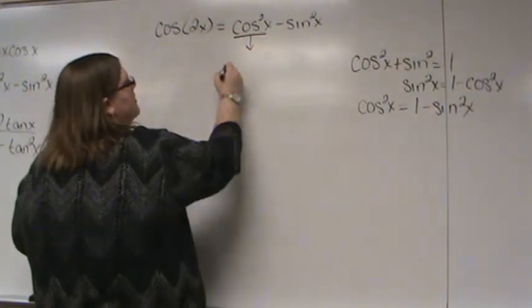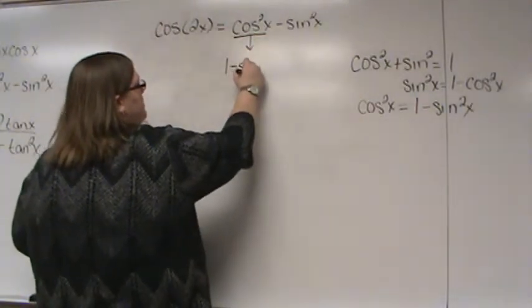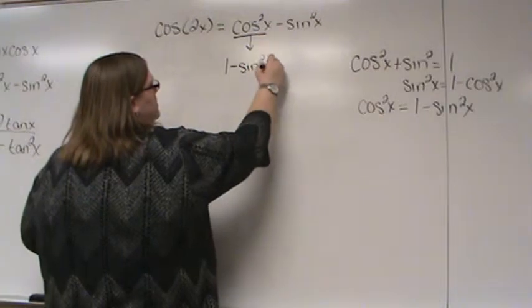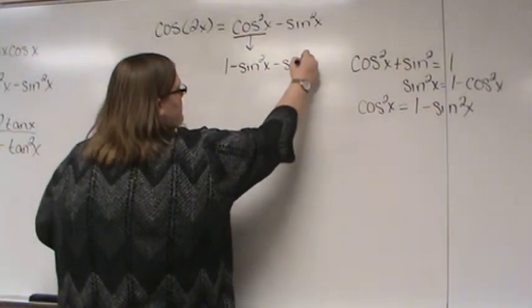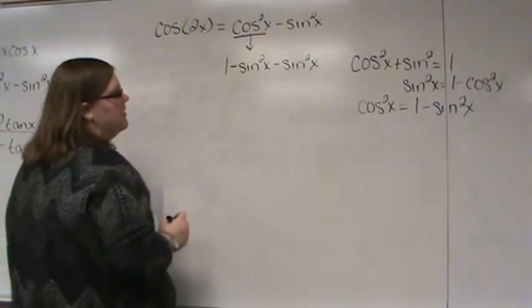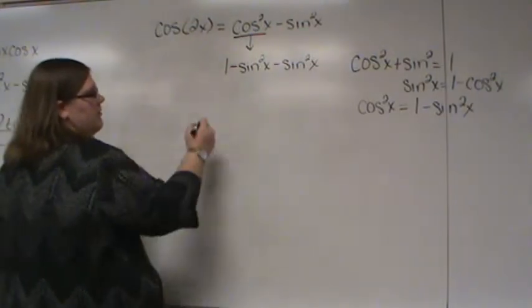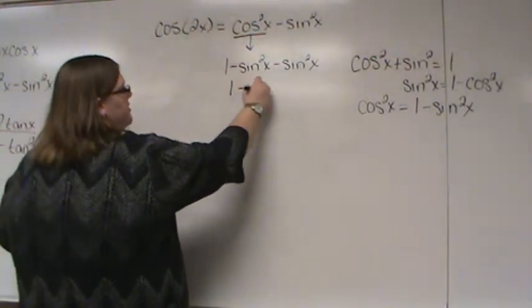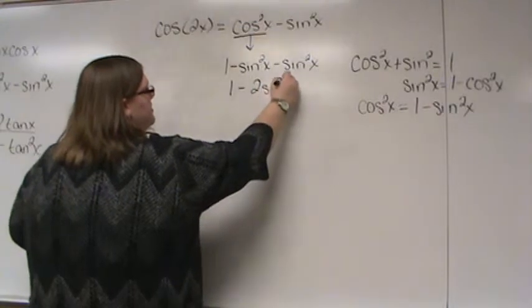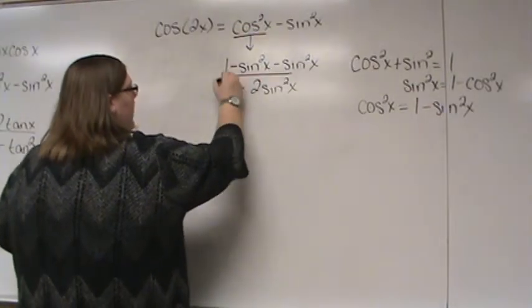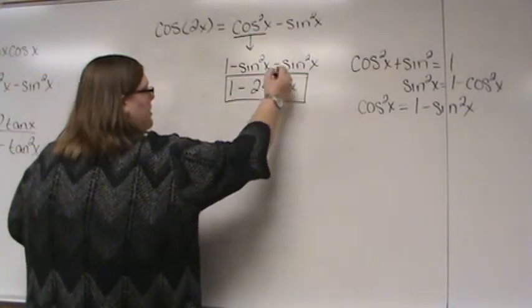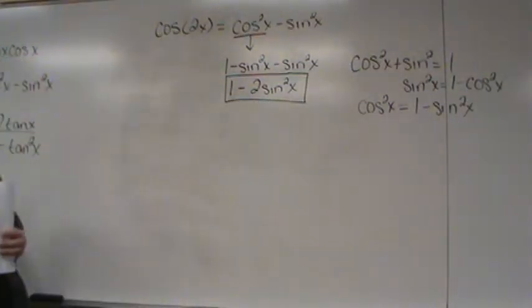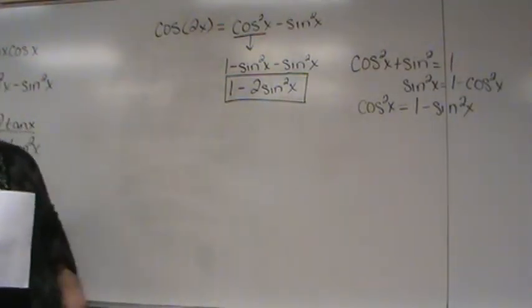Yeah, 1 minus sine squared x. So 1 minus sine squared x minus sine squared x. So 1 minus 2 sine squared x. So that is another way of writing cosine of 2x.